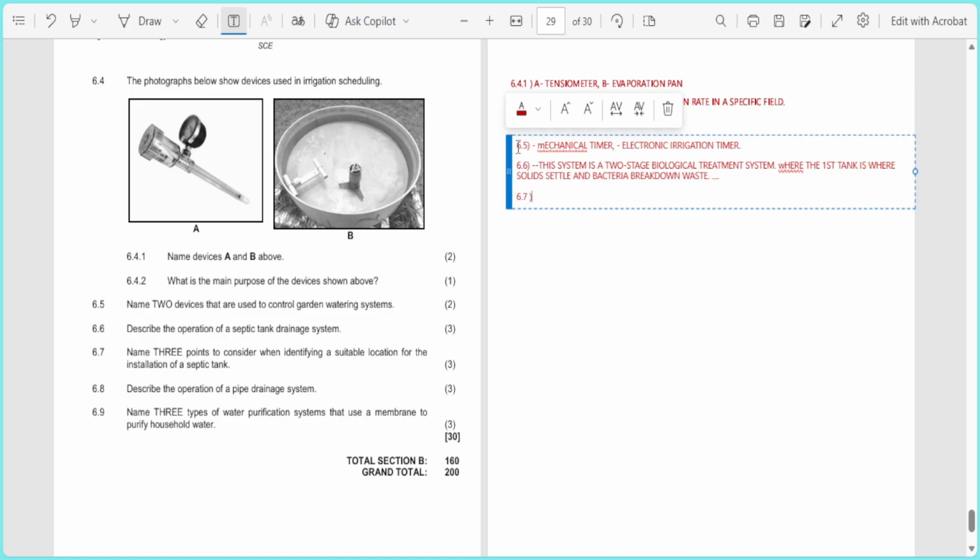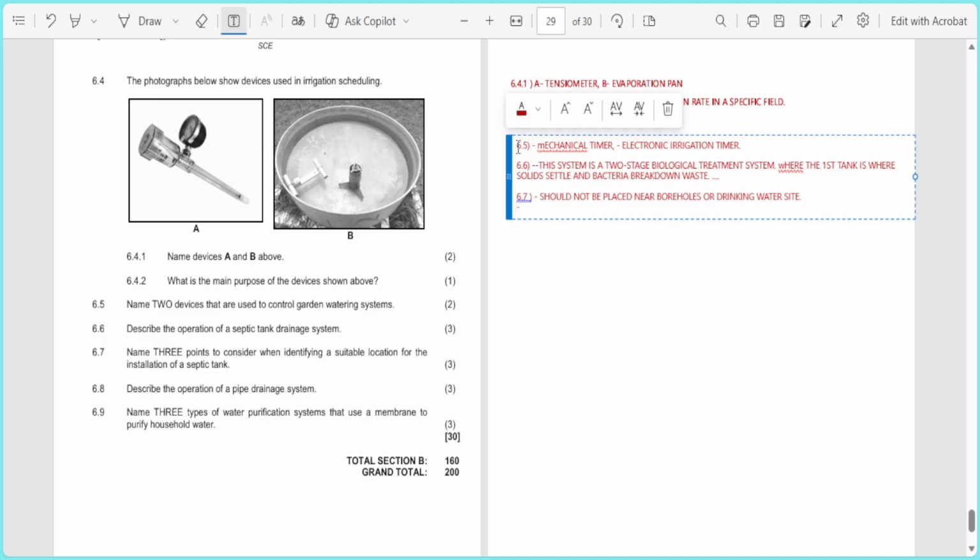Number 1, should not be placed near boreholes or drinking water sites. These things can create an awful smell.